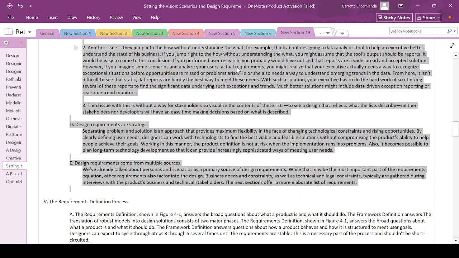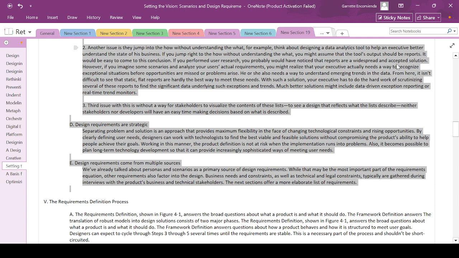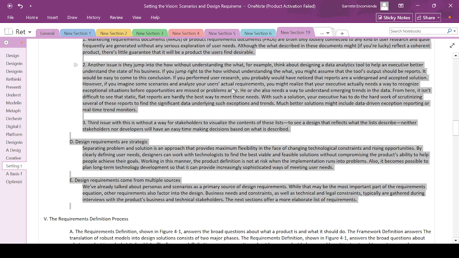If you perform user research, you probably would have noticed that reports are a widespread and accepted solution. So if you perform the common user research, you would see that it's a widespread solution.